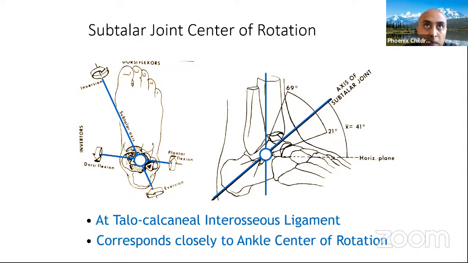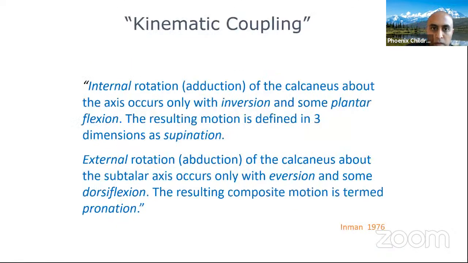So whenever you correct varus and forefoot adduction, at the same time there is dorsiflexion through the subtalar joint as well. This is called kinematic coupling, and this is the property that's used to correct the clubfoot using the Ponseti method.